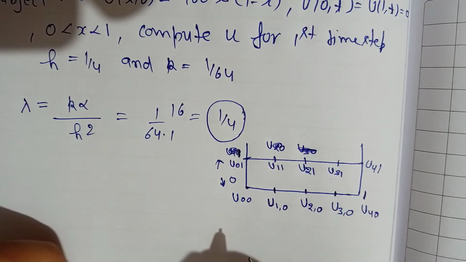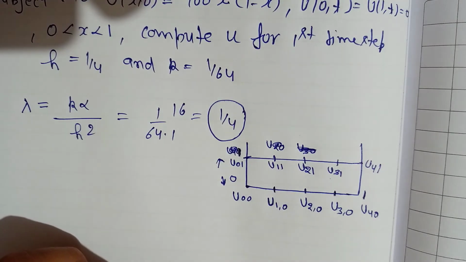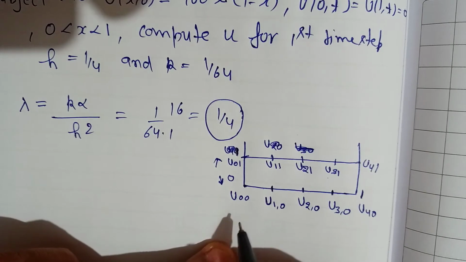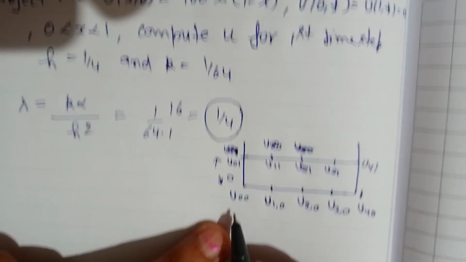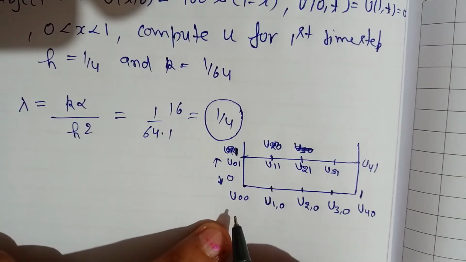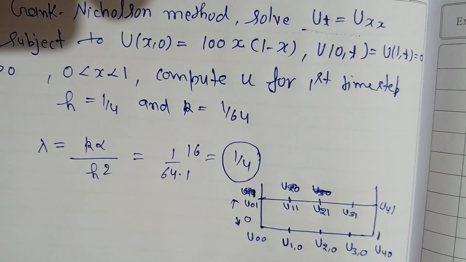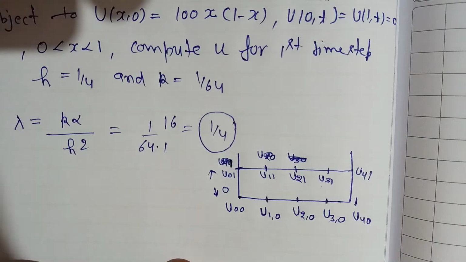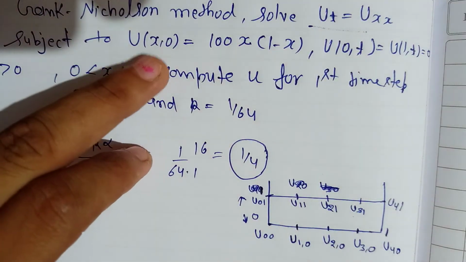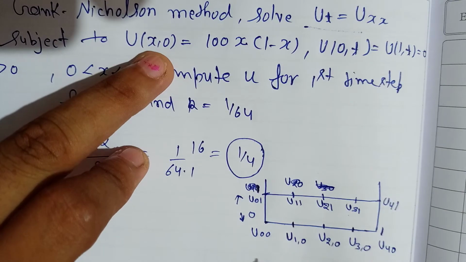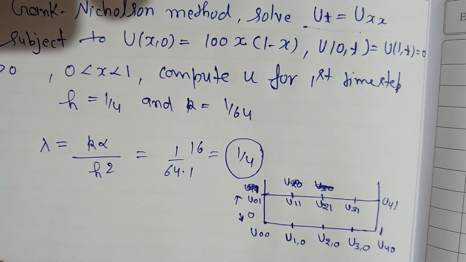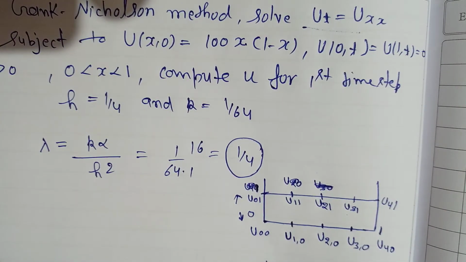So now let us see the boundary condition. Here u00, so x equal to 0, we get that at this line. The value is given as u(x, 0), it means t equal to 0 on the x axis. So here we have 100 x (1 minus x) on the x axis.